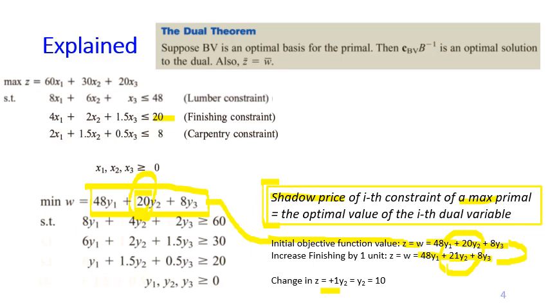And then we know in the optimal solution the value of y2 is 10. So we can say that the shadow price of the finishing constraint equals 10, because when we increase the finishing hour by 1 unit, the change in z equals y2, and that y2 equals 10.